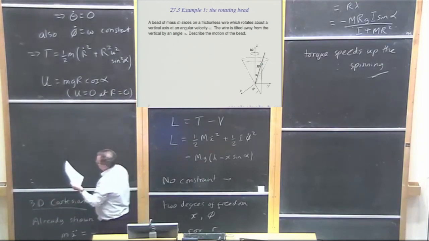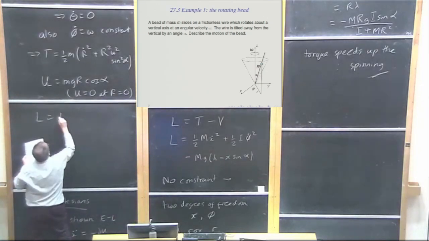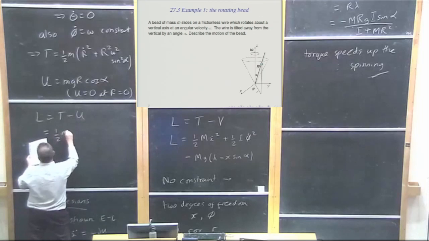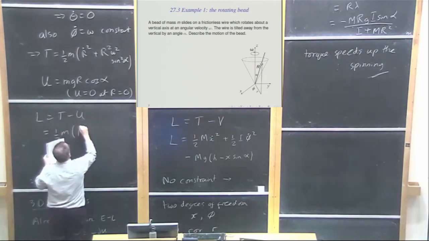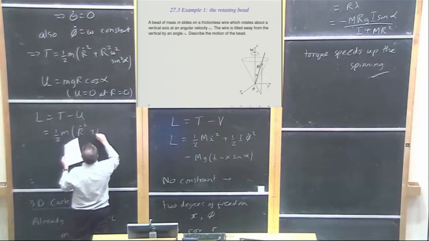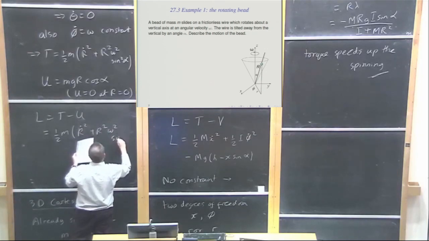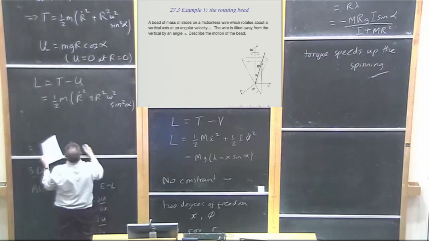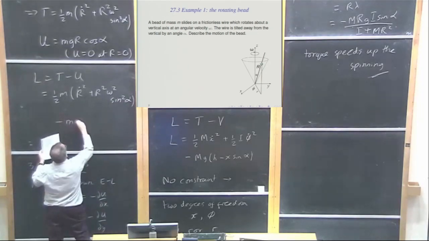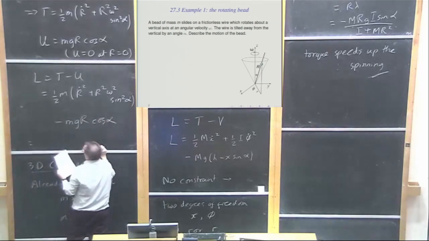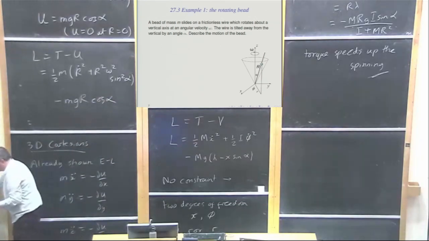And so the Lagrangian as a whole is T minus U, and it's going to be a half m (r dot squared plus r squared omega squared sine squared alpha) minus mgr cosine alpha.